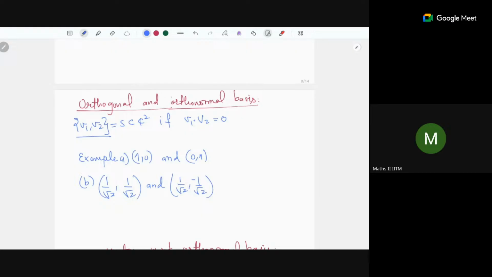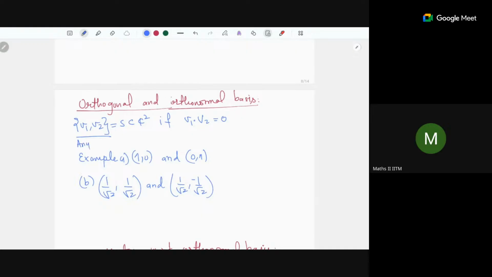Now you can have orthogonal sets become a basis of C2, because we already know that orthogonal vectors are linearly independent, and if they are two in number, then they will span the whole vector space, that means C2.